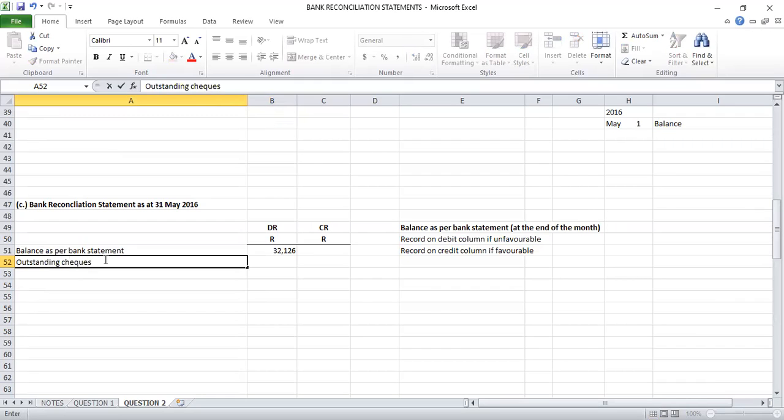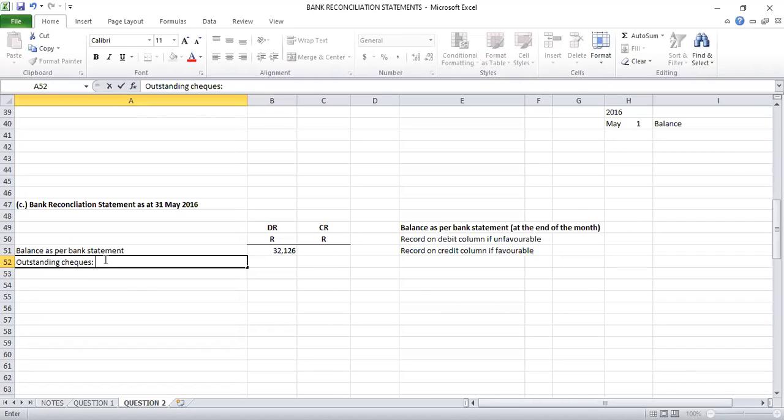Right, our outstanding checks are recorded on the debit column. Why? We know that our bank statement increases on the credit side and reduces on the debit side. And outstanding checks, the moment they are presented to the bank by the recipients, will have an effect of reducing the money in our bank account.